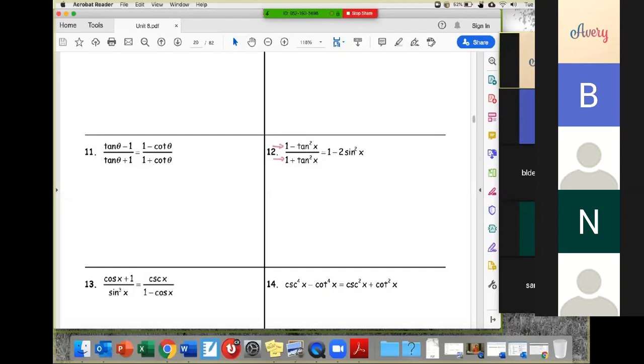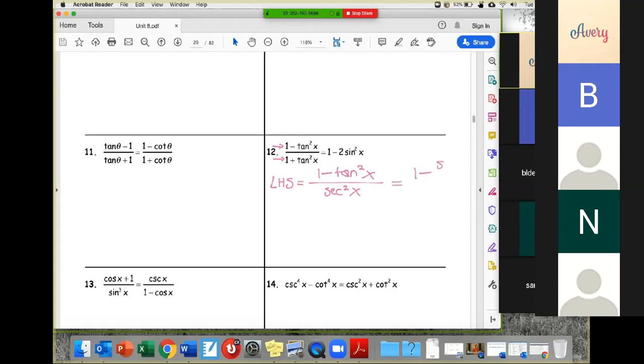Which one's a Pythagorean? Bottom. The bottom is. So I would have started with that. 1 plus tangent squared changes into secant squared. Is that correct? Yes. Then I would have changed everything to sines and cosines.